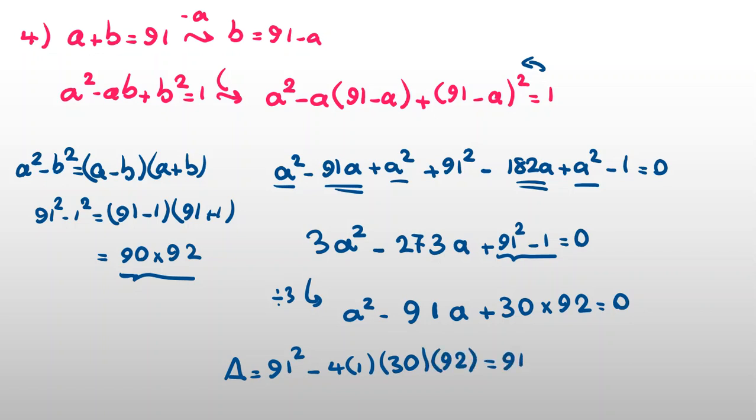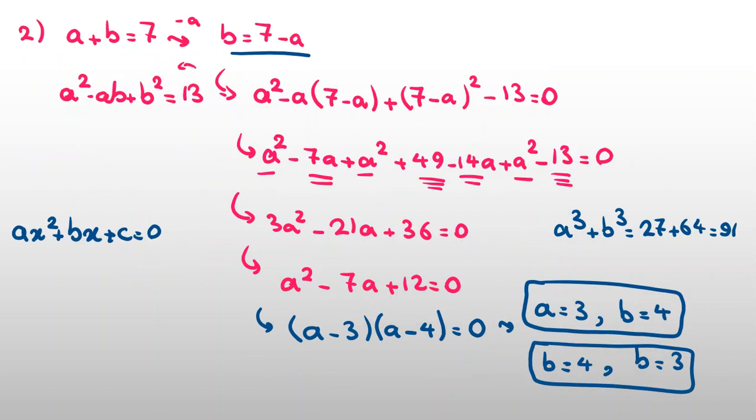So 91 squared is 91 times 91, and 4 times 30 is 120 times 92. It's obviously less than 0 because 120 is greater than 91, and 92 is also greater than 91. So this minus this is less than 0. So again, we don't have any answer here.